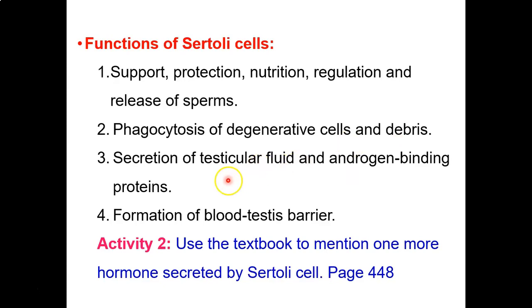Number 3, secretion of testicular fluid and a hormone called androgen binding protein. Androgen binding protein is secreted under the effect of FSH. Number 4, formation of the blood-testis barrier.